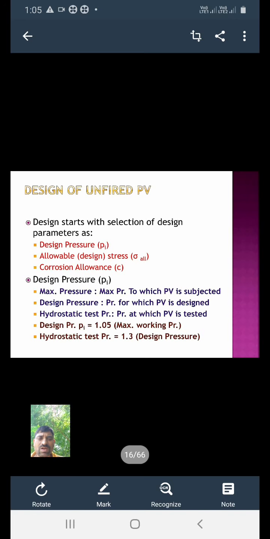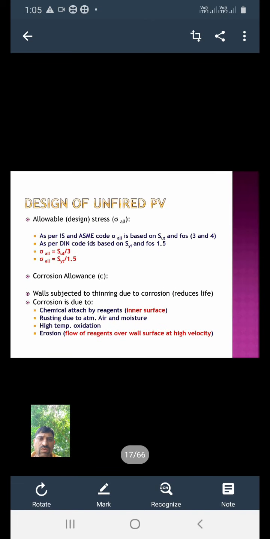That's why it is called a test pressure. The relation is that the hydrostatic test pressure, denoted by Ph, is equal to 1.3 times the design pressure. Then we are using two codes.